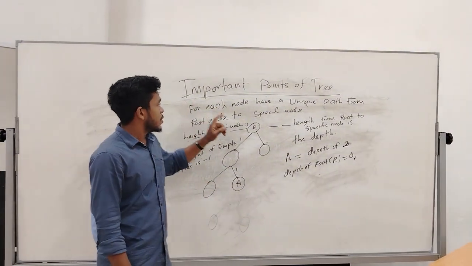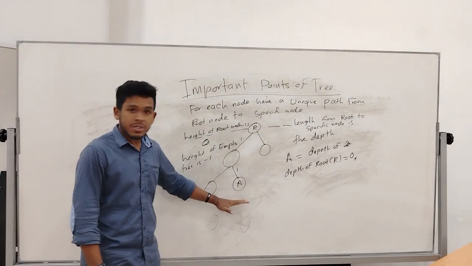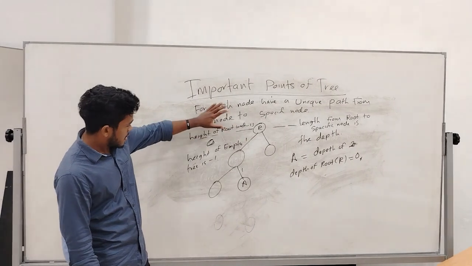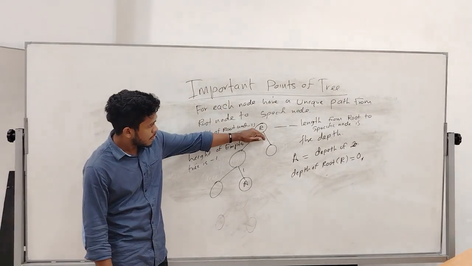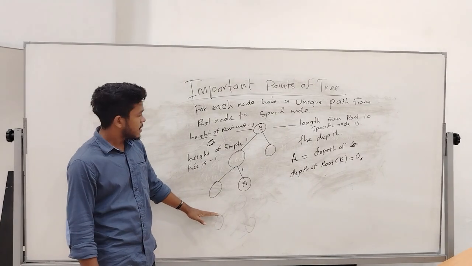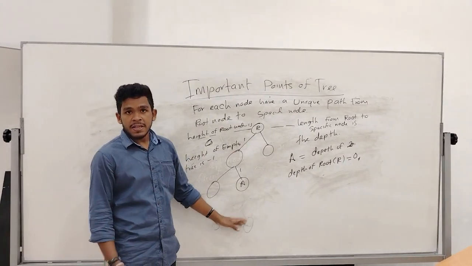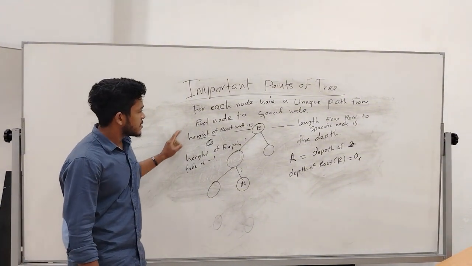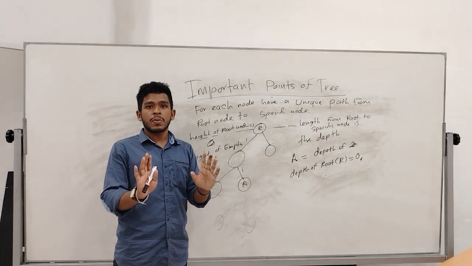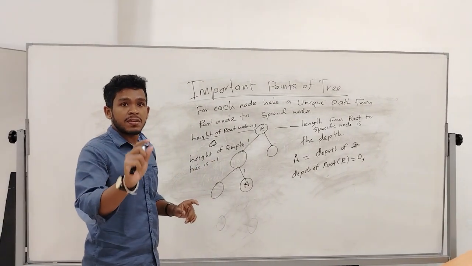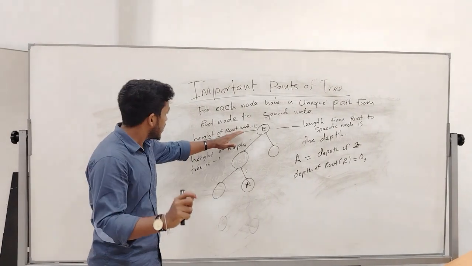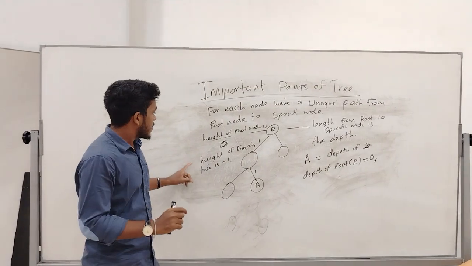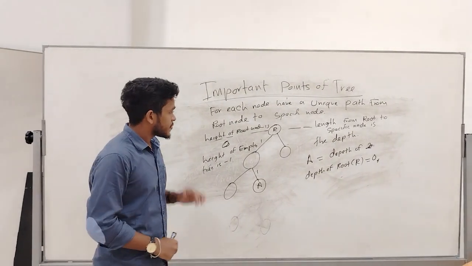Each node has a unique path from the root node to it, the length of that path is called the depth, and the maximum depth is called the height. Two more important points: the height of a root-only tree is 0, and the height of an empty tree is minus 1.